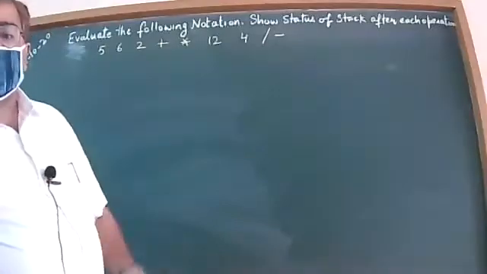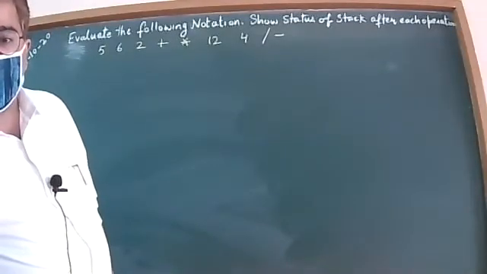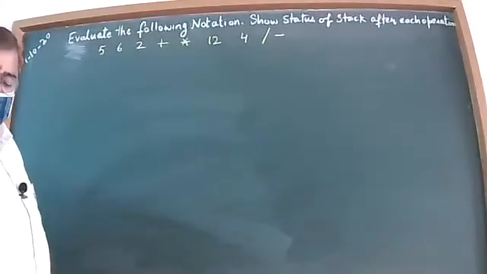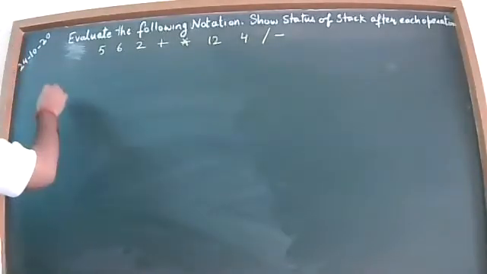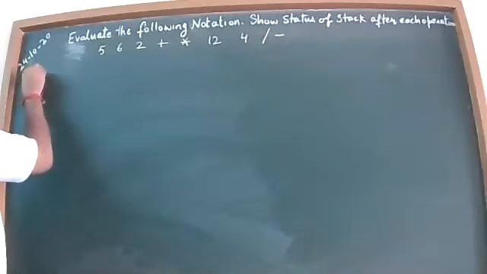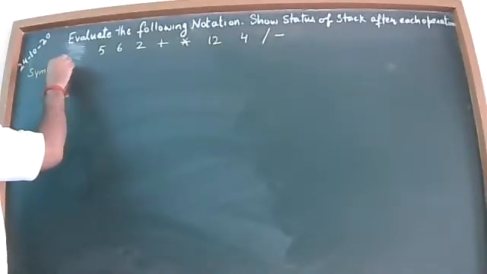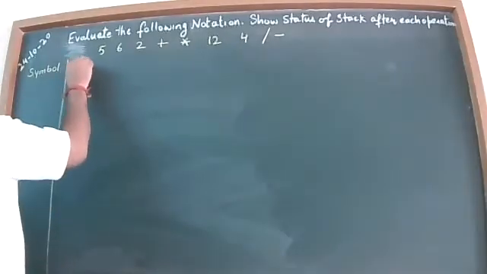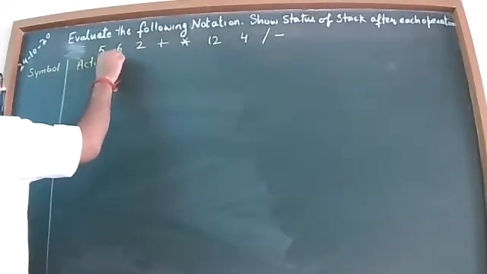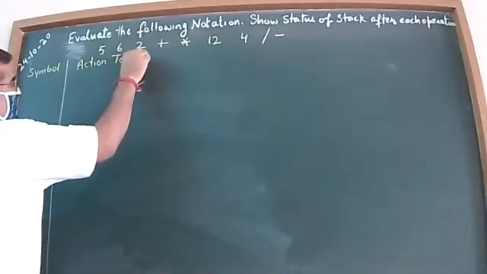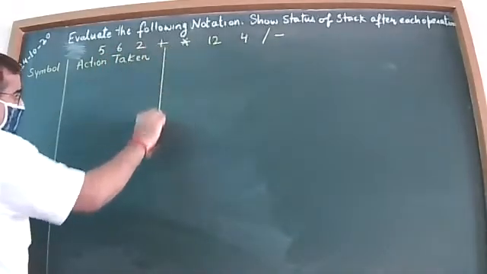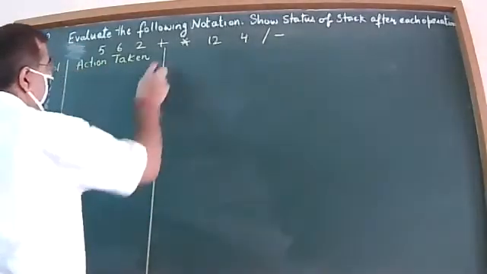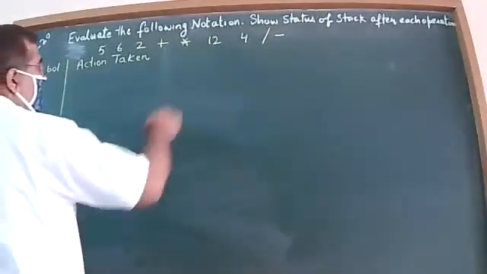So in this case, we are again to draw a table, but the table will be drawn in a different manner. First column will be symbol. Next column will be action taken. I make it a little bit longer.